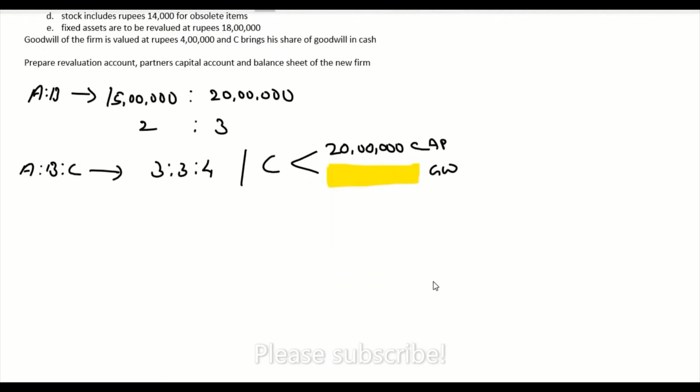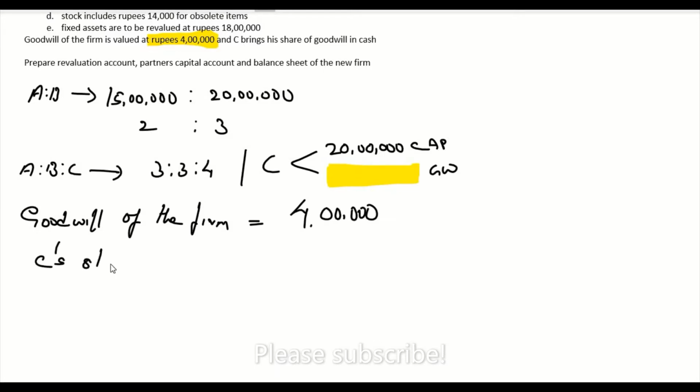Okay, so first we will calculate that the goodwill of the firm is rupees 4 lakhs. So it's mentioned the goodwill of the firm is rupees 4 lakhs. So goodwill of the firm is equal to 4 lakhs.